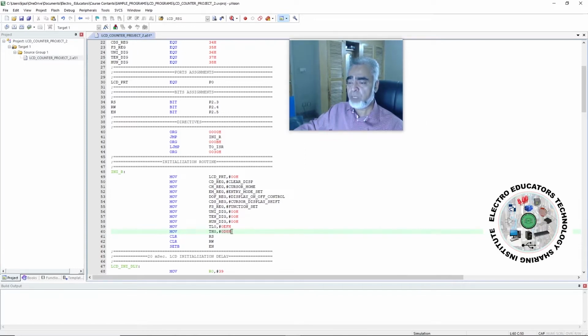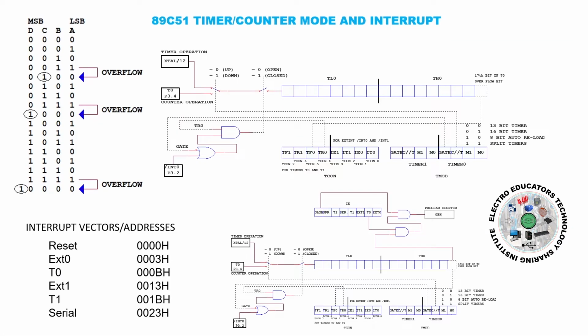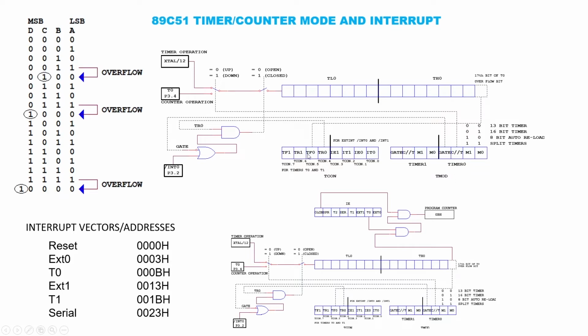And now we'll configure the bits for the timer mode register, and here we can find from this block diagram, we will set the status of M0 bit as 1 and the status of M1 bit as 0, and the status of the remaining 6 bits will be 0 because we want to run the timer in timer mode, and we'll set the status of the gate bit as 0, then we will have 1 at the output of this OR gate, and if we set the TR bit as 1, the timer T0 will start incrementing with a frequency of 1 MHz, which will come from the crystal divided by 12, and after 10,000 microseconds the timer 0 will overflow and its 17th bit will be 1.